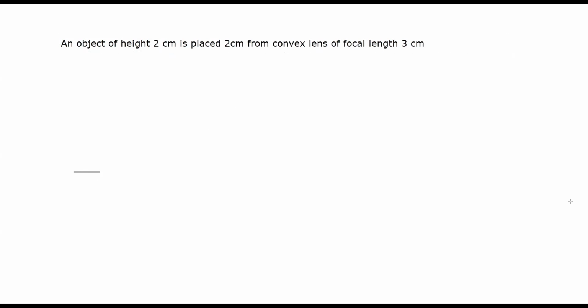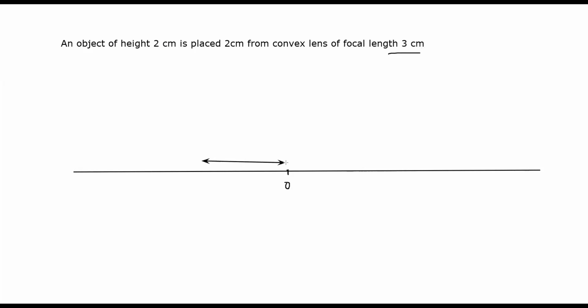So the imaginary line which is perpendicular to the surface, you will draw as a principal axis. You will mark the position for the lens. Focal length is 3 centimeter. So I will draw 3 centimeter both sides. That will be focus.